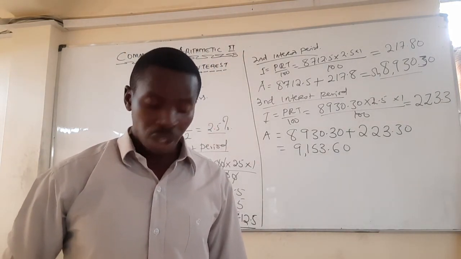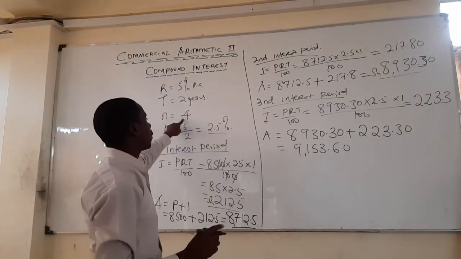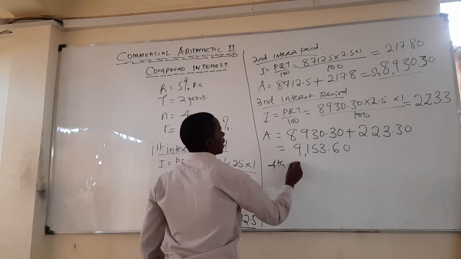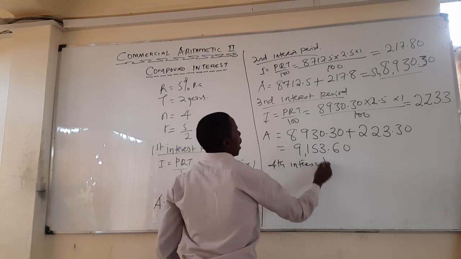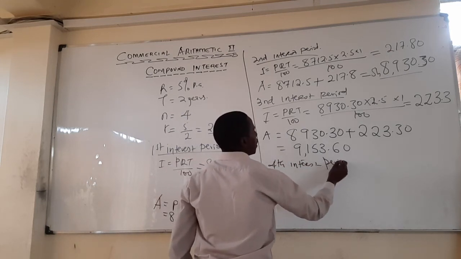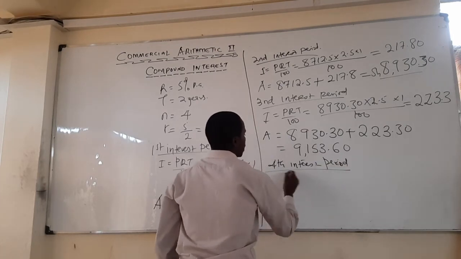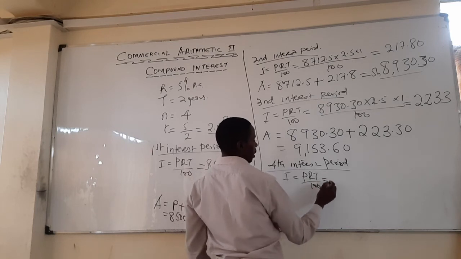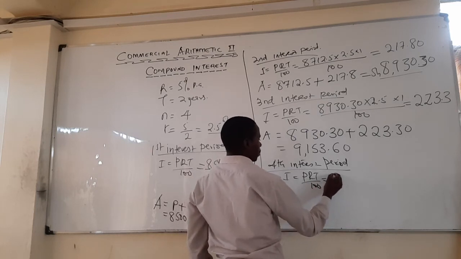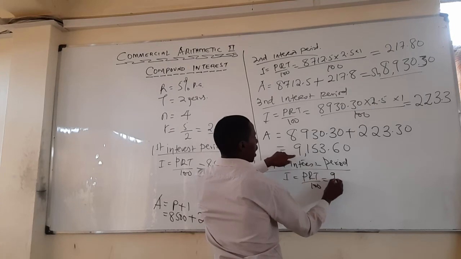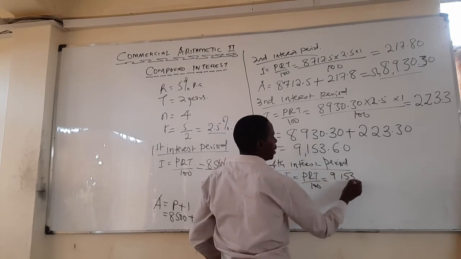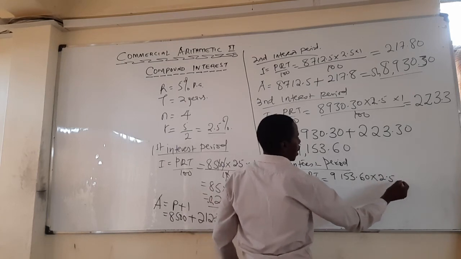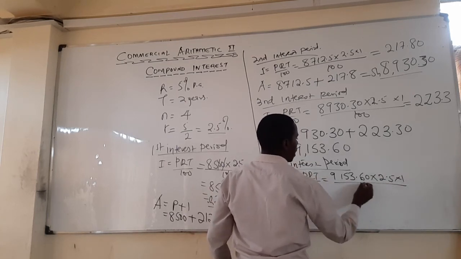That is the accumulated amount after that period. So now we go to the last period, when n is 4, the fourth interest period. The interest would be PRT over 100. The principal now is 9,153.60 times 2.5, and then times 1 divided by 100.